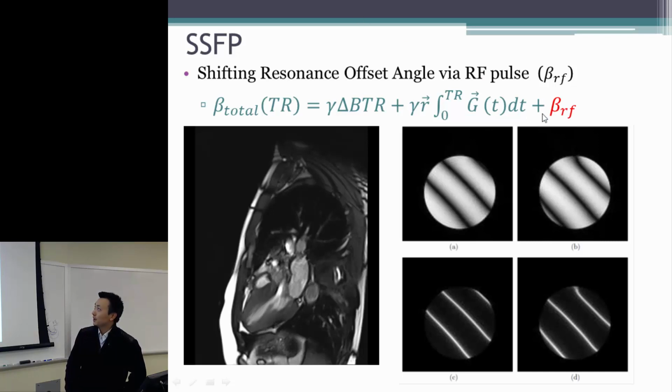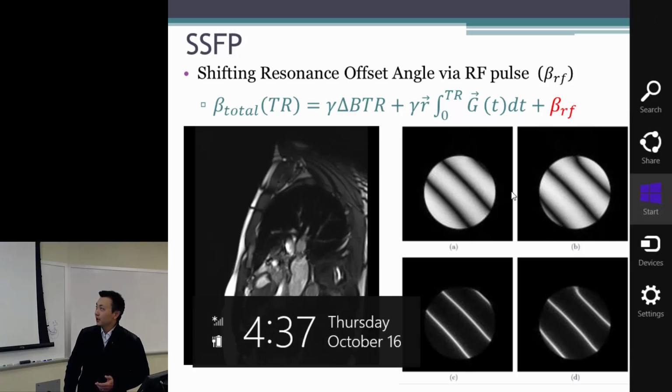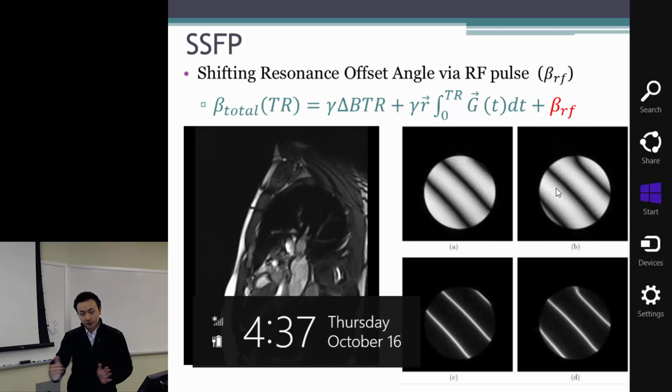When the RF pulse has an off-resonant frequency relative to the spins, it is equivalent to adding part of the resonance offset angle to the total resonance angle. So this will effectively shift the passband, the whole frequency response profile along that frequency range.